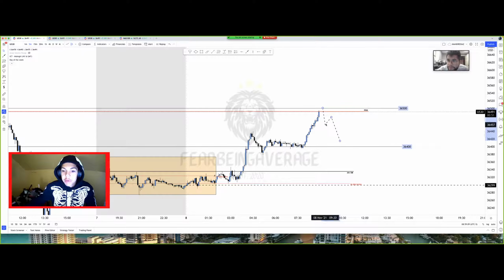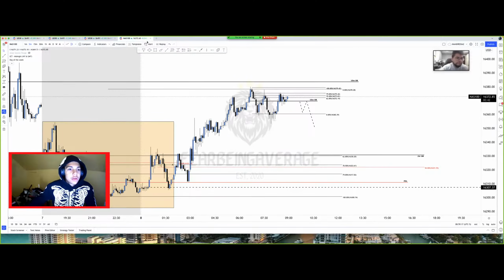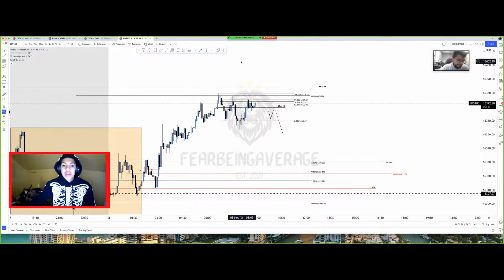Same thing I'm looking for on NAS: price to drop lower, retrace, then I'll look to get in around here. NAS is kind of pushing back up now, so both pairs are showing us that it doesn't want to go in either of our directions. So that's that.